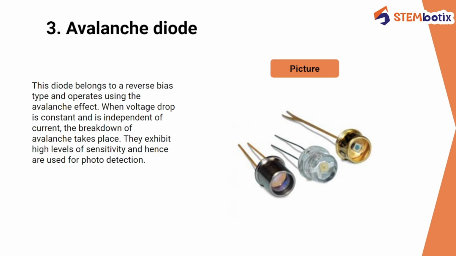Now the third category is the avalanche diode. This is the pictorial representation of your avalanche diode. Basically, an avalanche diode is a type of semiconductor diode which is designed to experience avalanche breakdown at a specific reverse bias voltage.